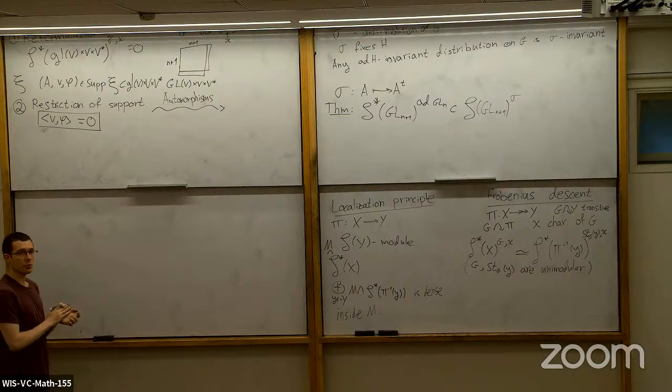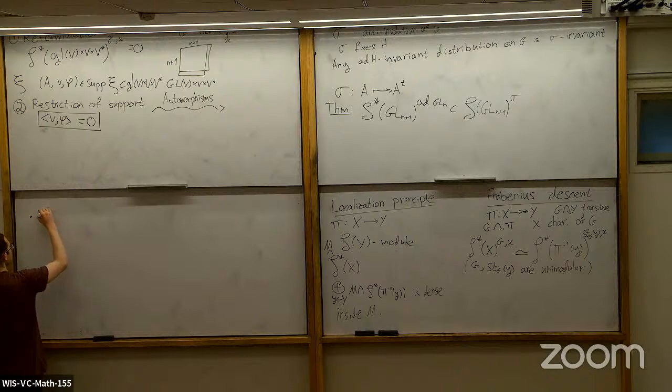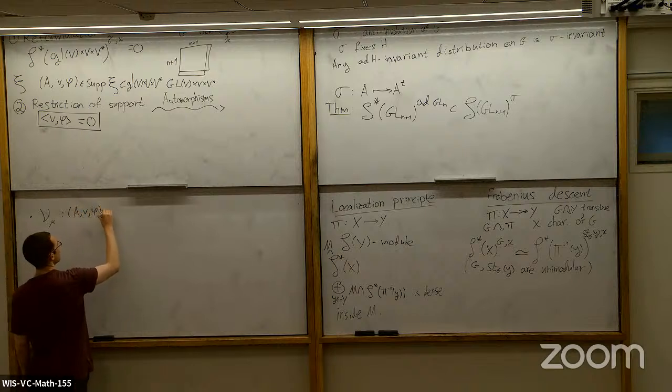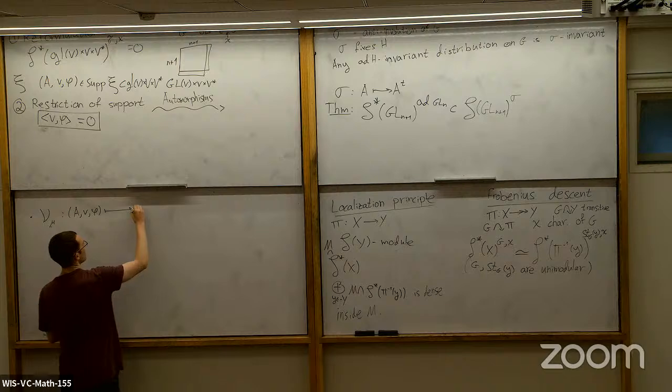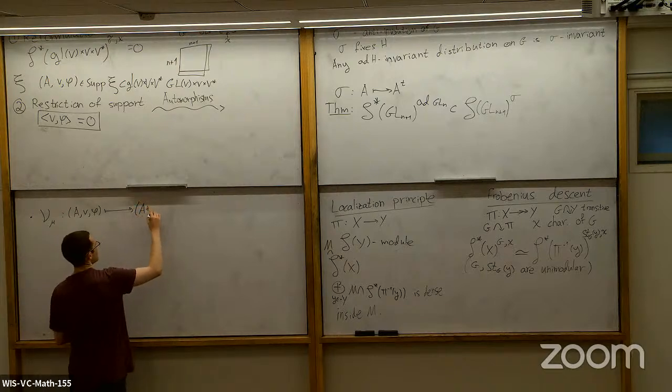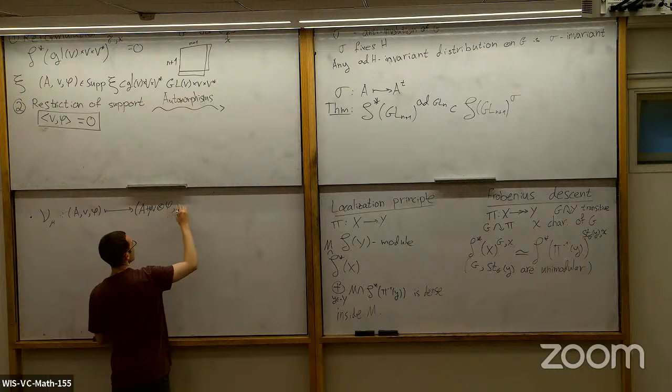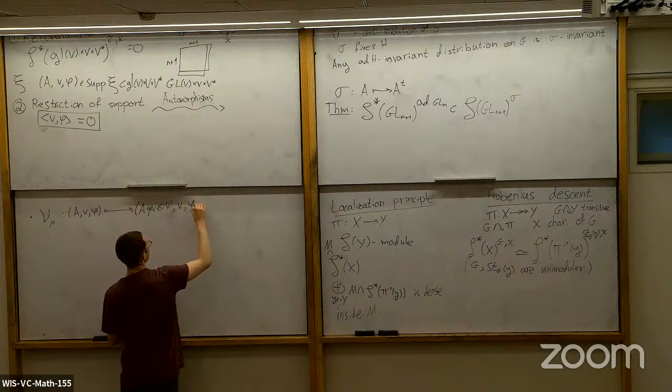So actually we'll have two kinds of automorphisms. The first, let us denote it by nu, and it will have a parameter mu. What does this do? It takes (A, v, phi) to (A plus mu, v tensor phi), or here we can insert mu, v and phi.